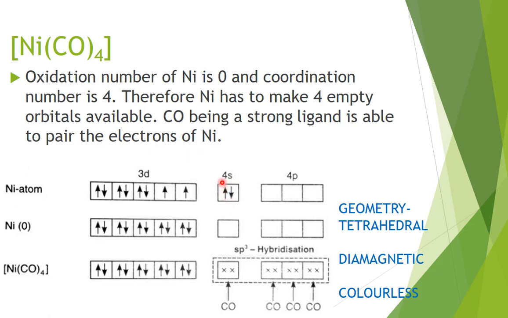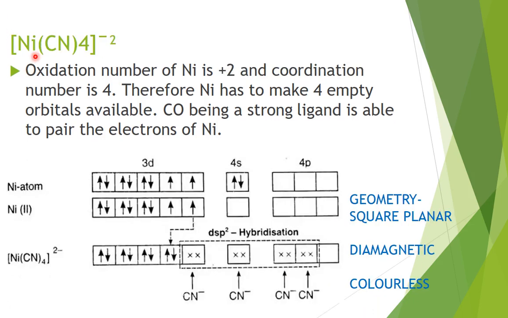One electron will go here and the second electron will go here. So the arrangement of the electrons of nickel changes to this. It becomes 3d10. 4s becomes vacant. And now 1s and 3p, these 4 vacant orbitals undergo sp3 hybridization. So geometry will be tetrahedral. Electrons become paired, so it will be diamagnetic as well as colorless.